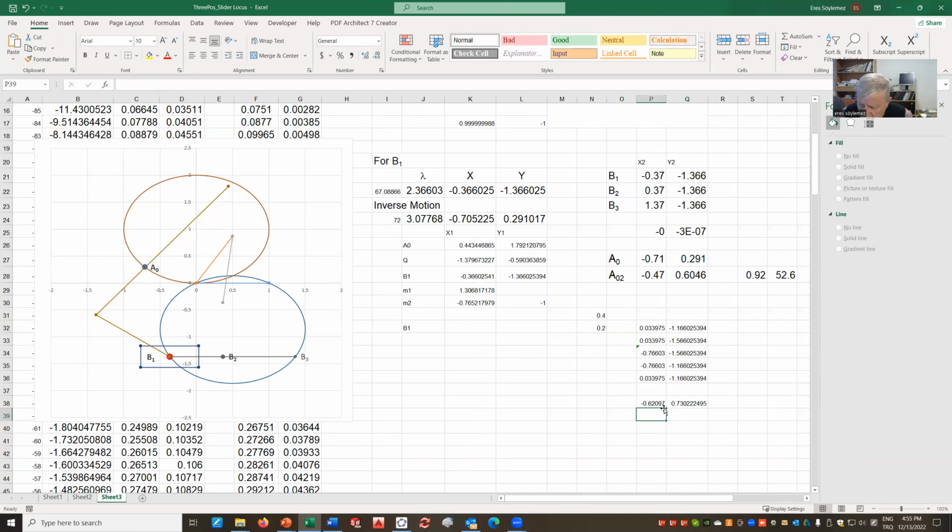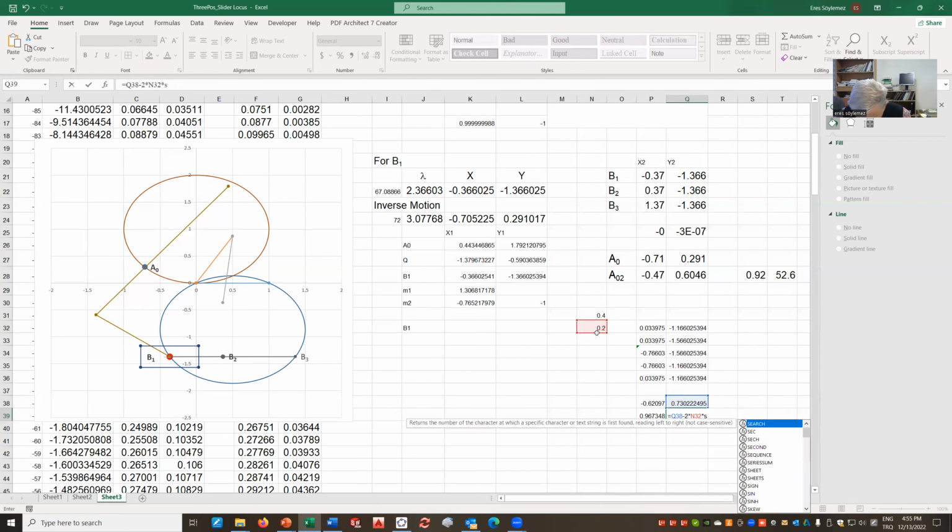And then is equal to x value minus 2 times cosine of this angle plus pi over 2, is equal to this point minus 2 times this value times sine of this angle plus pi over 2.